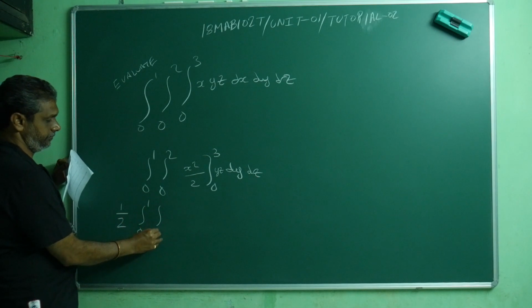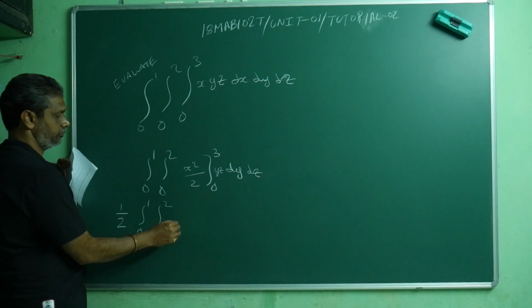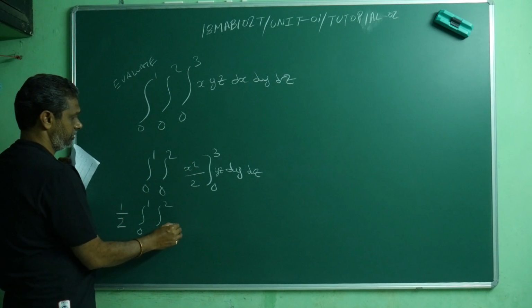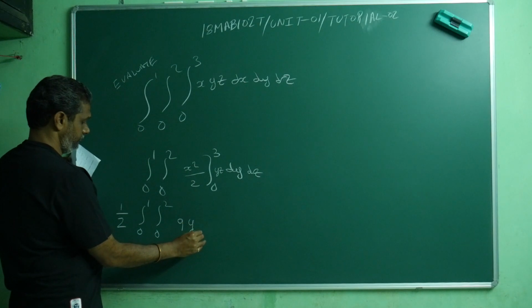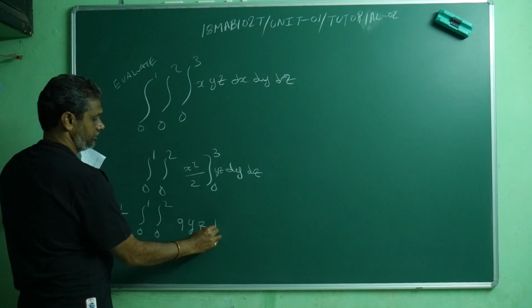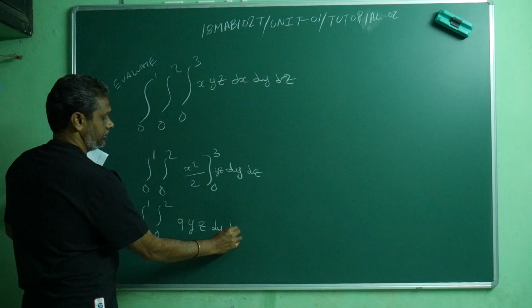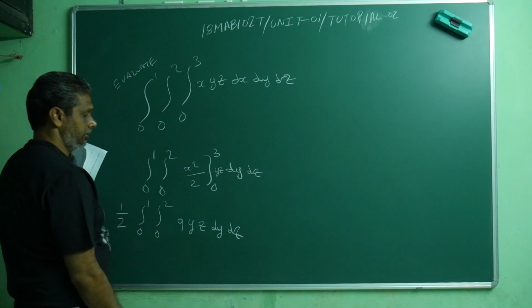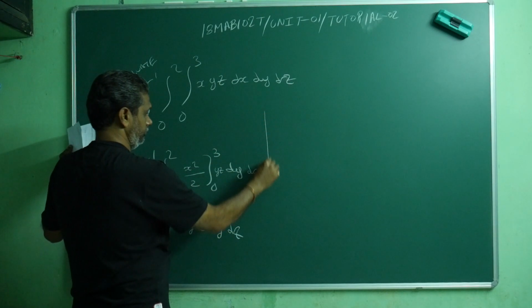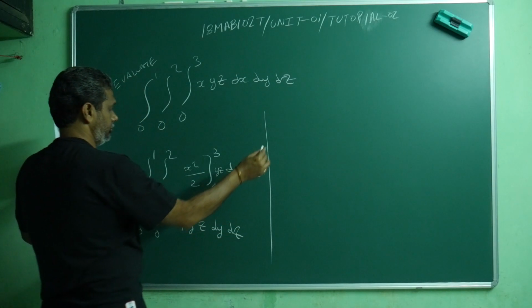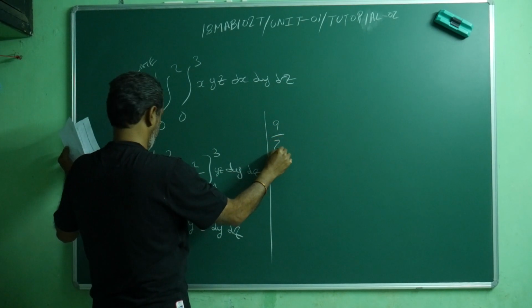Now if you apply the limits, you will get 1 by 2, you can take outside, 0 to 1, 0 to 2. Upper limit: 3 squared is 9, lower limit vanishes, 9yz dy dz. Take this 9 by 2 also outside.